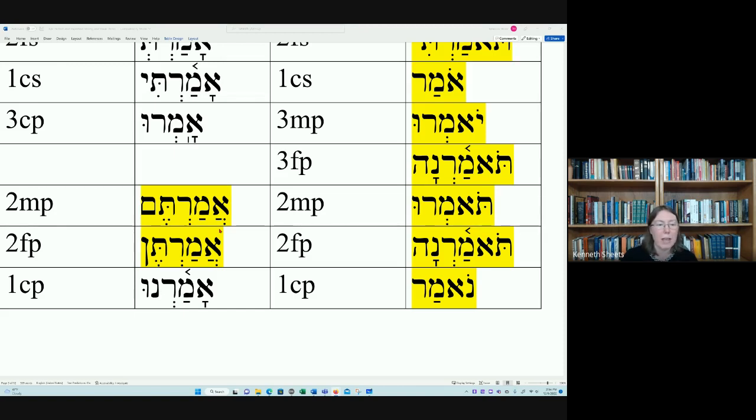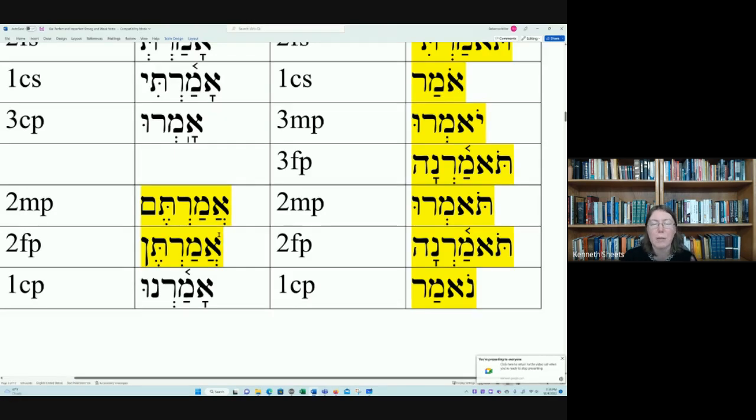But here we have a composite schwa. And the reason for that is because the aleph is a guttural, and gutturals cannot take the simple vocal schwa. Instead, they take the composite schwa, and that is what we're seeing here. So that composite schwa replaces that simple vocal schwa underneath the influence of the aleph.